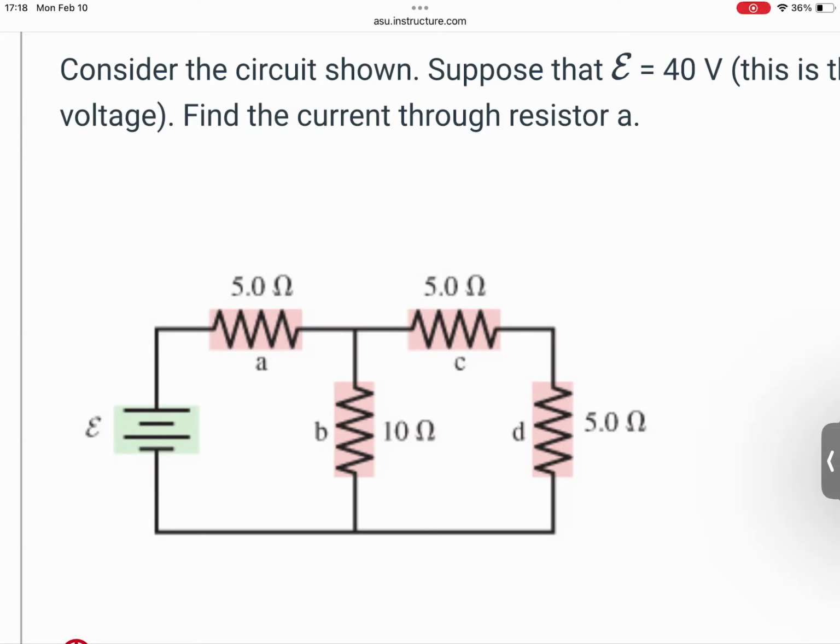Velocity is acceleration times time. No, acceleration is not velocity divided by time. What is acceleration? It is change in velocity divided by change in time. V equals IR does not tell you that the voltage at a resistor equals current times resistance. You cannot say this guy has a voltage of 40 volts, so 40 volts divided by 5 ohms equals 8 amps.